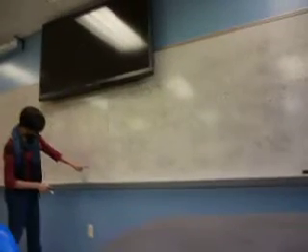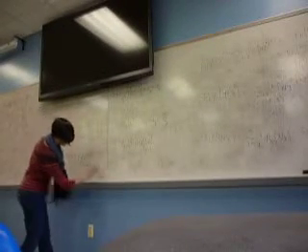Calculate that, you get 29 plus 5 plus 13 divided by 7. What do we have? We have 29 plus 18. Is that 47? 47/7.